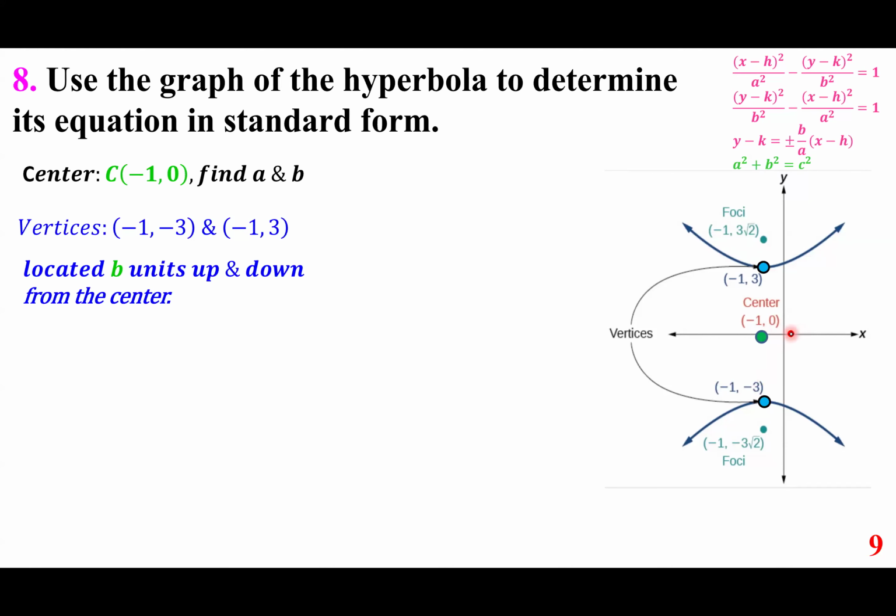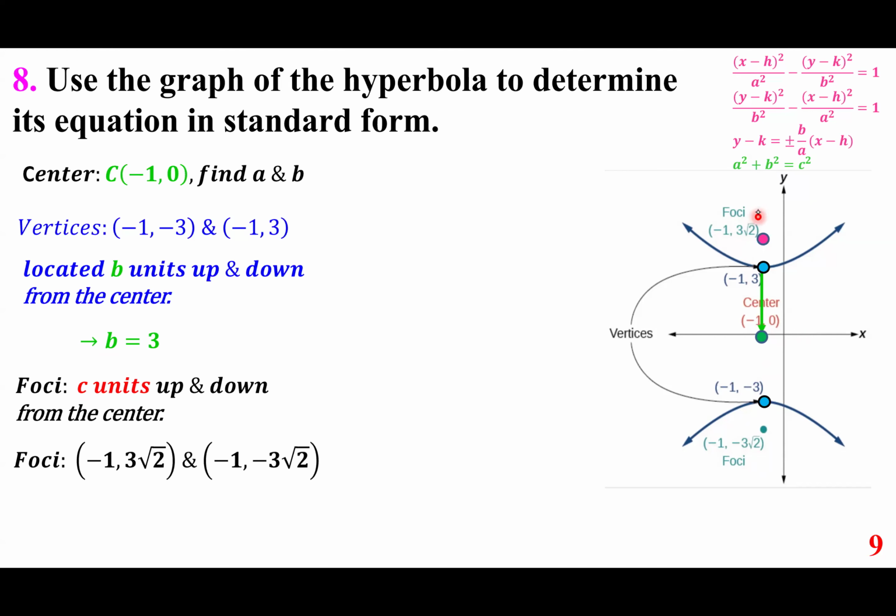So B must be 3. This distance must be 3. Foci are located at -1, 3 square root of 2, and -1, minus 3 square root of 2. There are 2 of them. This one.